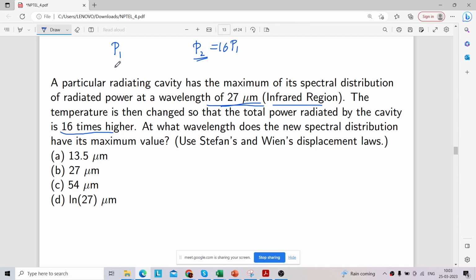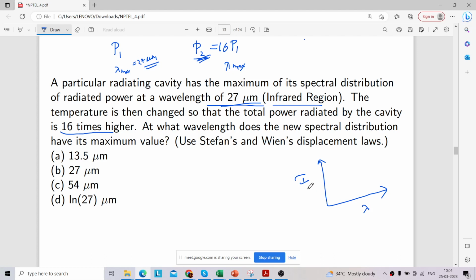So initially it was radiating at lambda max equal to 27 micrometer. Then what will be the lambda max at this power P2? As I have shown you from Wien's displacement law, this is lambda and this is intensity.